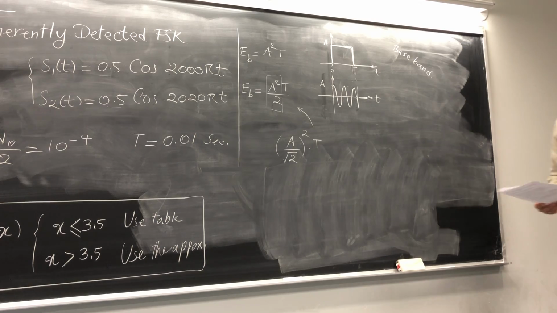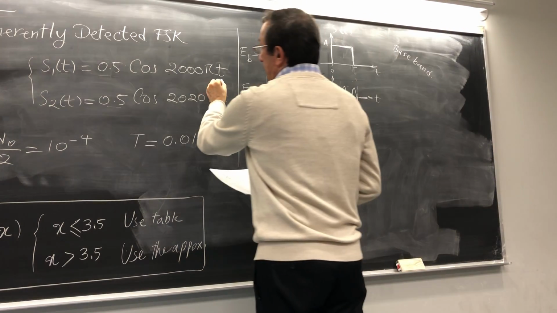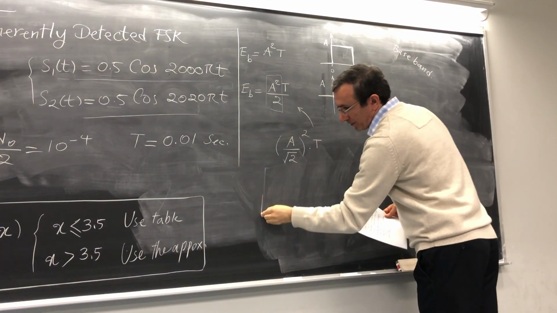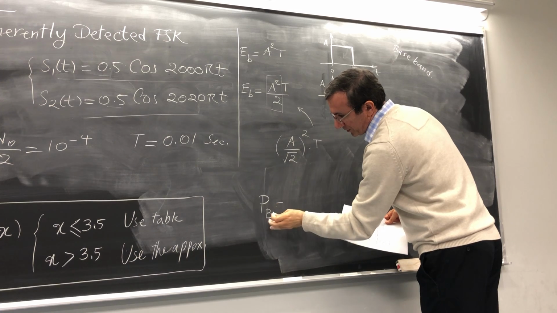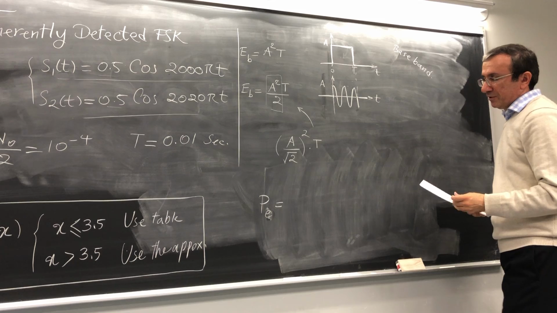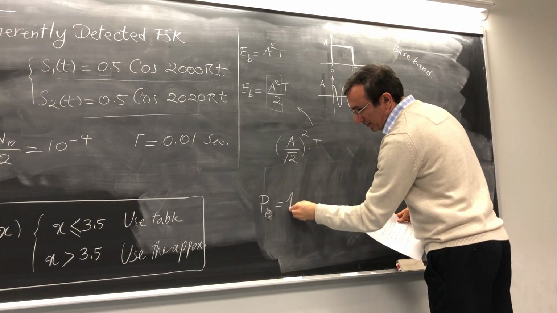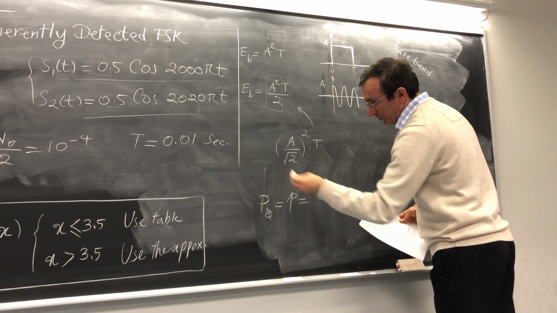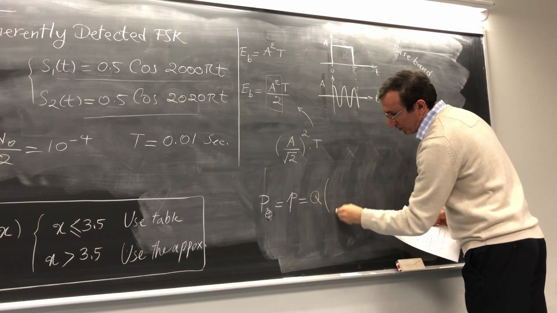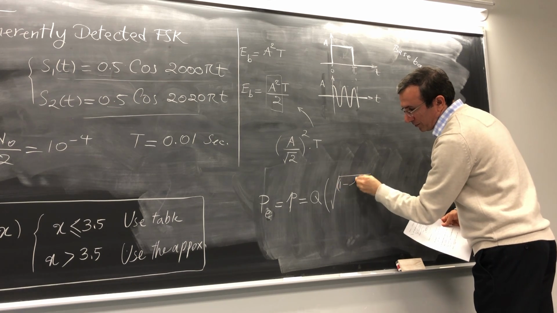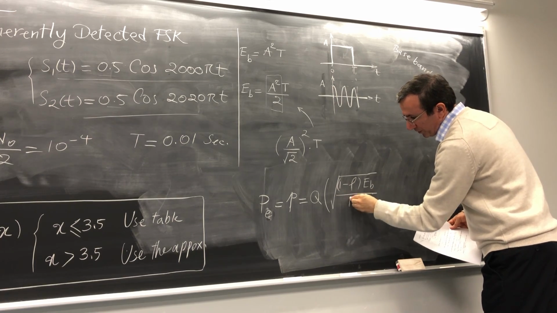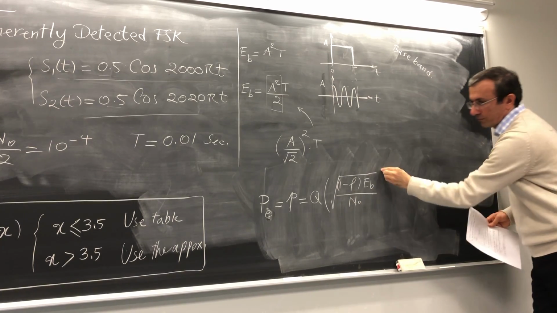So now we have two signals, S1 and S2. As you may remember from previous problems, the probability of error for a bit, that is the same as lowercase p in the previous example, is the Q function of the square root of (1 minus rho) EB over N naught, right?